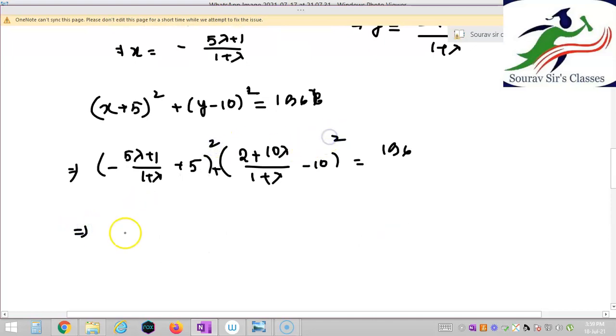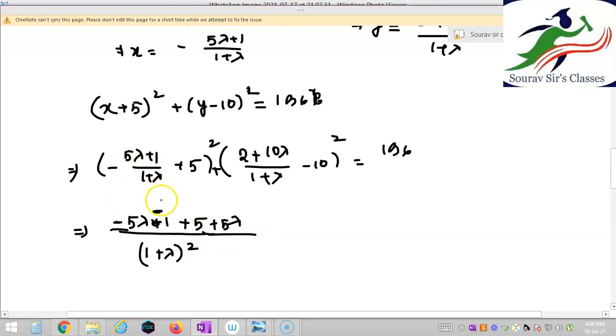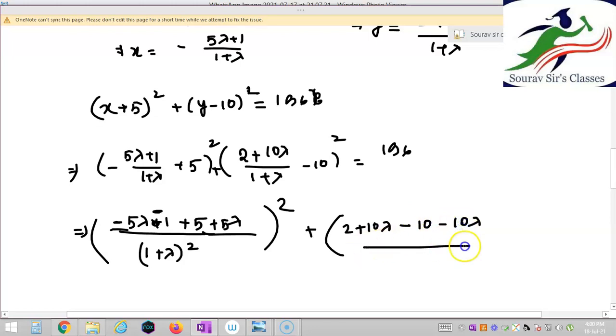In the numerator it will be, over (1 plus lambda) whole square, minus 5 lambda minus 1 plus 5 plus 5 lambda whole square, plus (2 plus 10 lambda minus 10 minus 10 lambda) by (1 plus lambda) whole square is equal to 196.